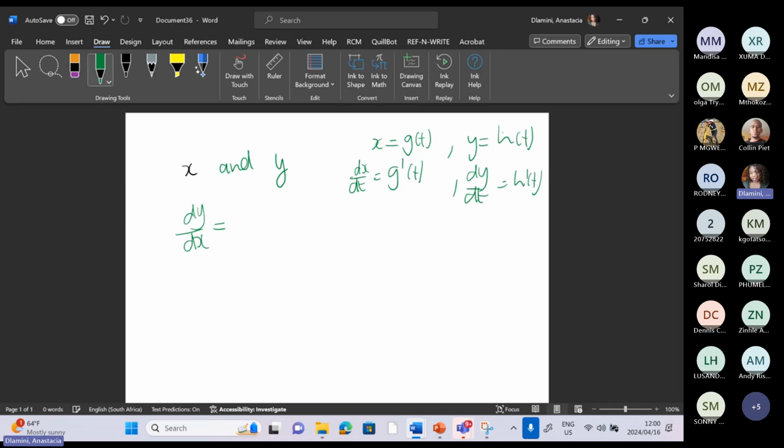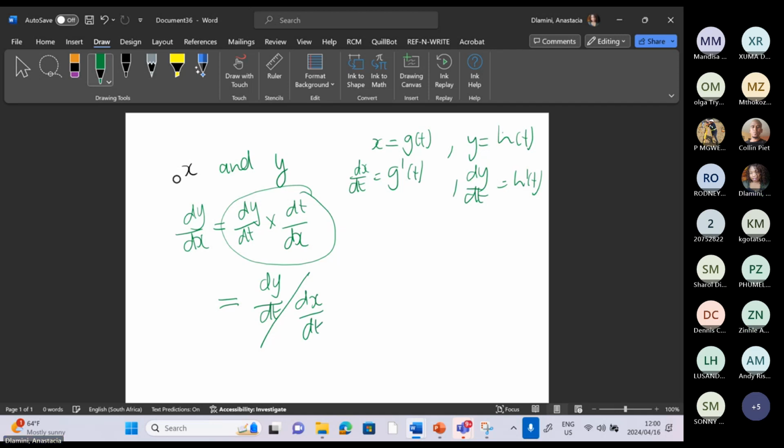Are we all together? So for you to find dy over dx, this is the same as dy over dt times dt over dx. But in most cases, we don't like using this. Instead, we'll use dy over dt divided by dx over dt.